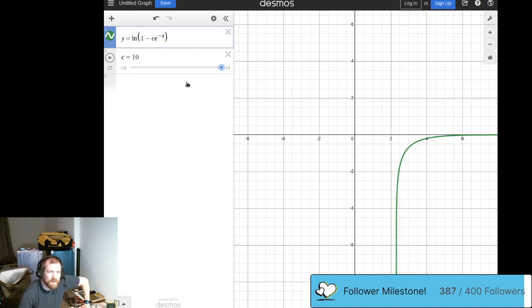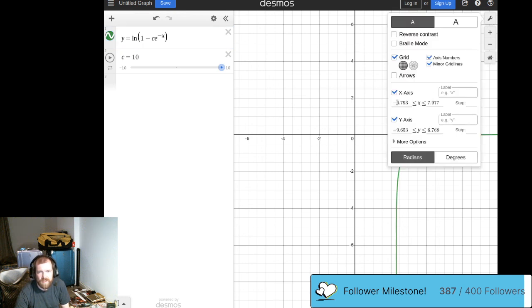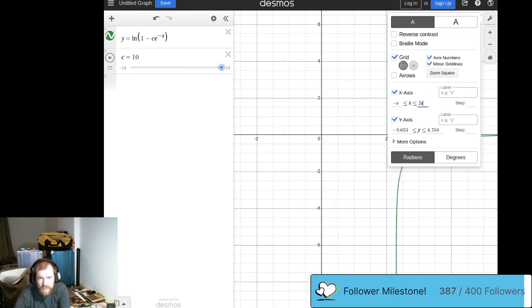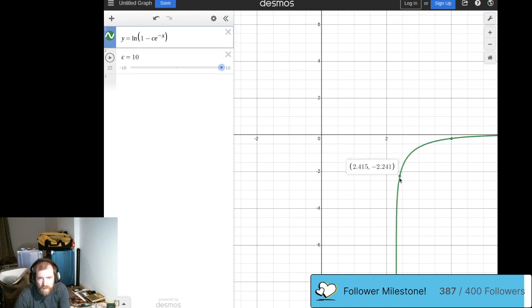Supposed to be there. I just don't know. Okay. Change the x-axis from negative e to positive 2e. That should make this nice and easy to find.